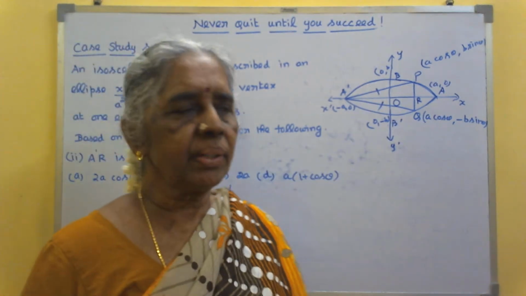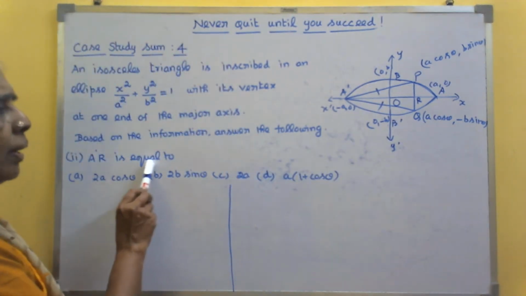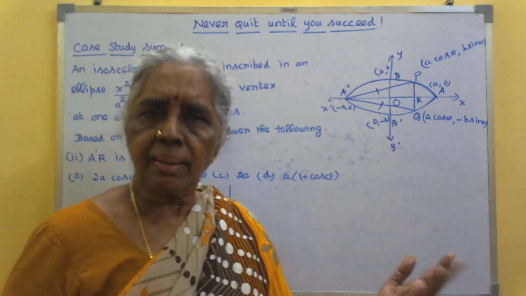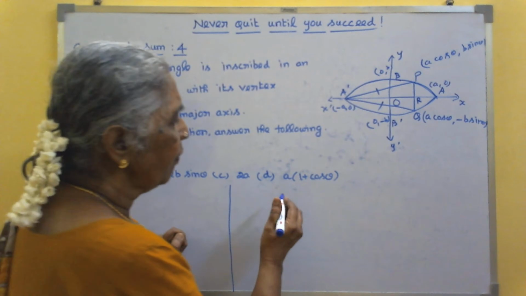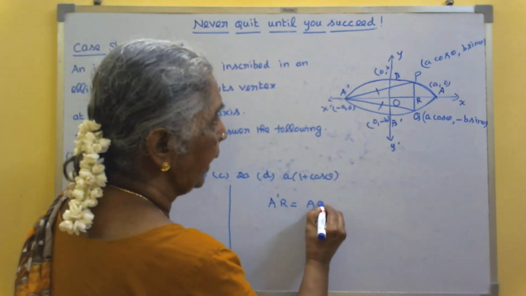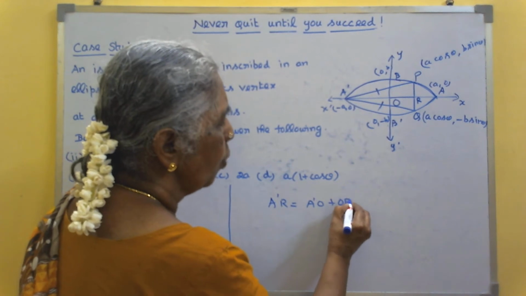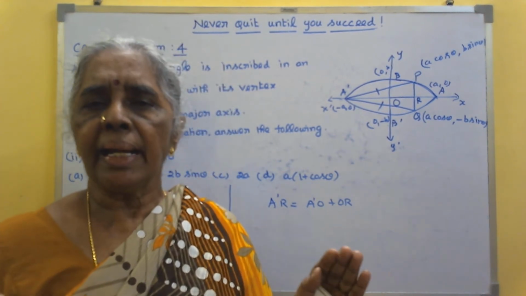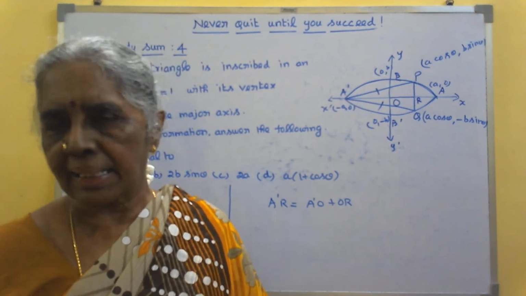The second subdivision. You have to find the length A dash R. Just see the figure. What is A dash R from the figure? A dash R is equal to A dash O plus OR. Now, I told you that A dash A is called the major axis.